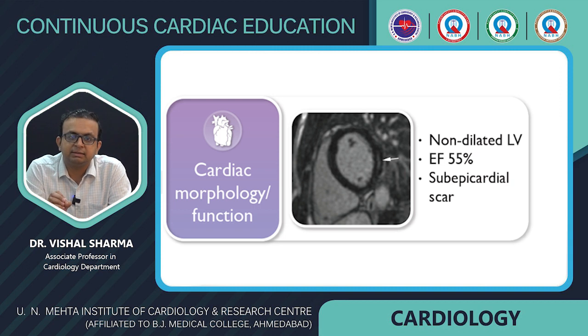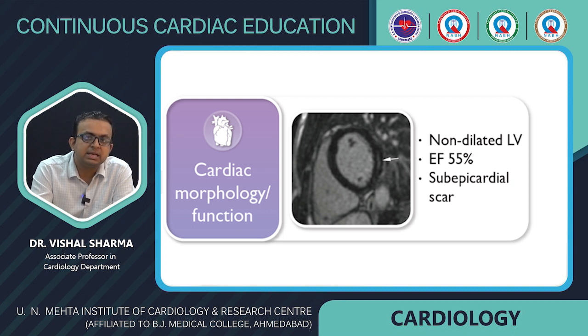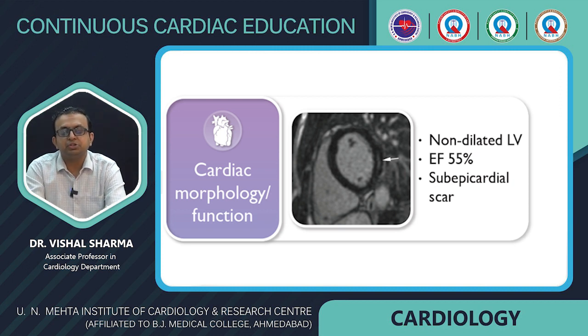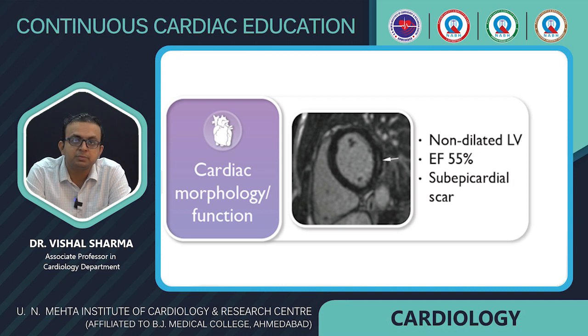But since we suspected that this patient is having palpitation with a strong family history, we went on to the second examination which we commonly do at our institute, that is cardiac MR. On MR, what we found was a subepicardial scar in the posterolateral wall of the LV. Scar in the posterolateral wall of the LV is commonly seen in patients with genetic cardiomyopathy, and scarring in this area, especially subepicardial, is seen in patients who have some defect of desmosomes.